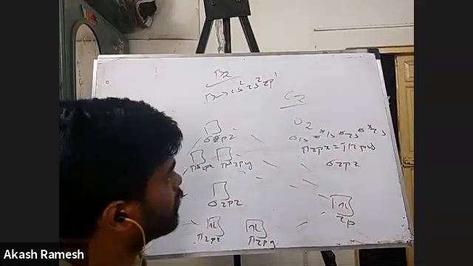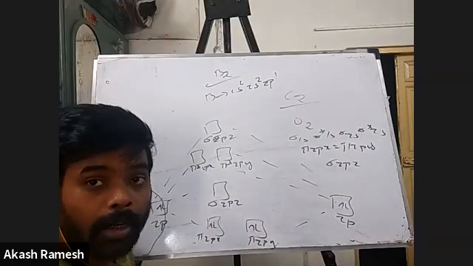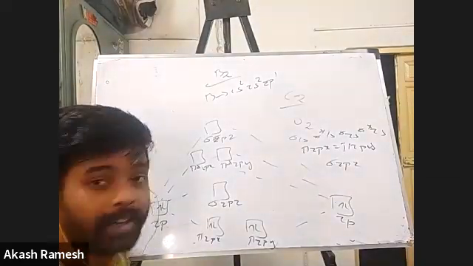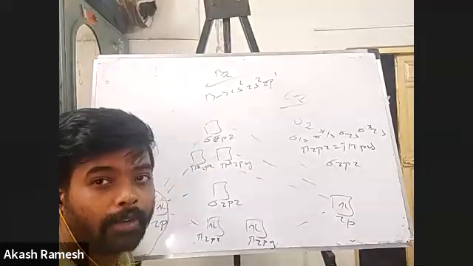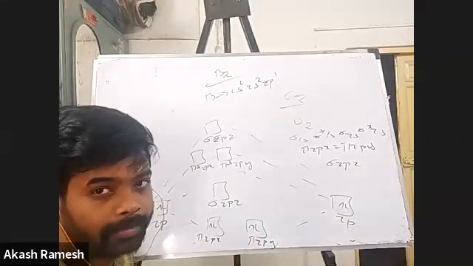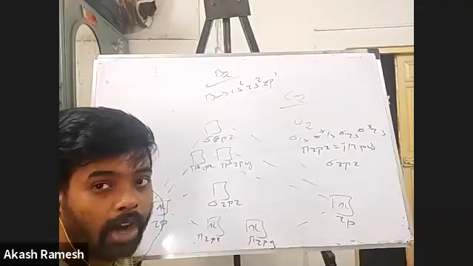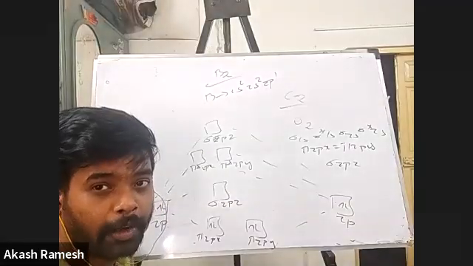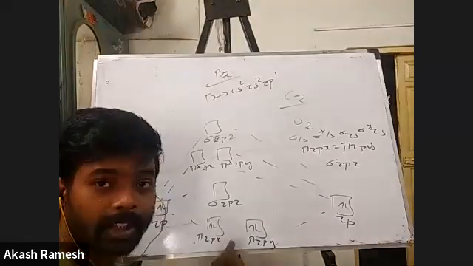So now let me take examples where the total number of electrons is greater than 15. Let me take the example of O2, oxygen molecule. I know oxygen has atomic number of 8, so the total number of electrons will be 16, correct? But again I have to change this, is it not?